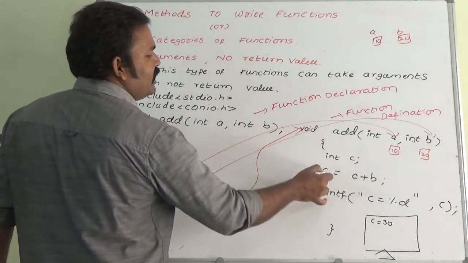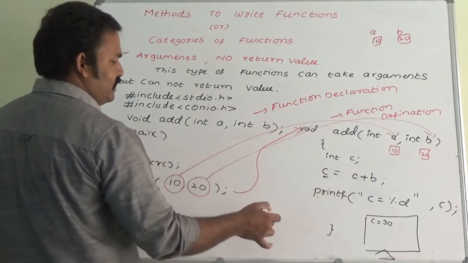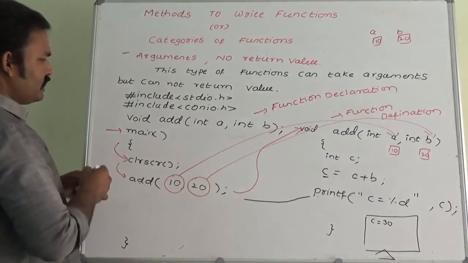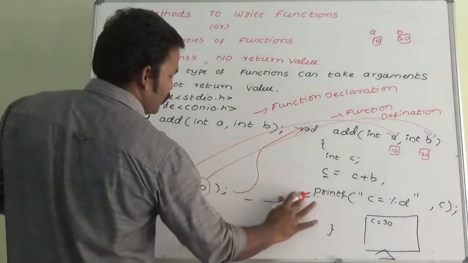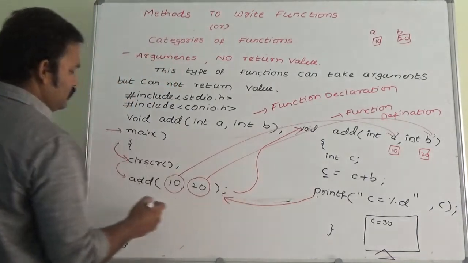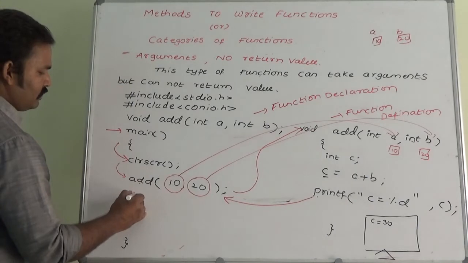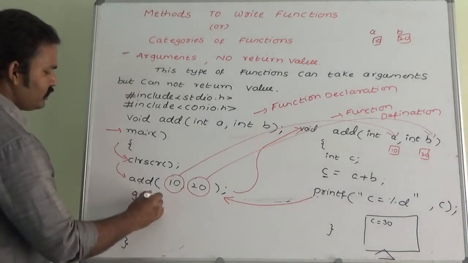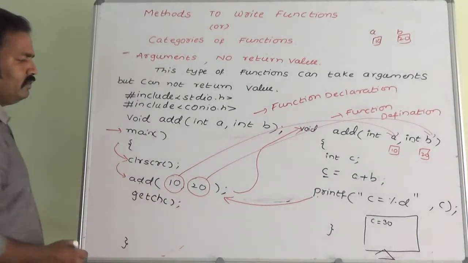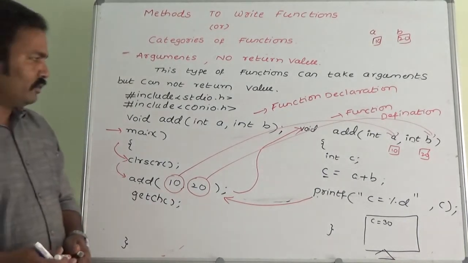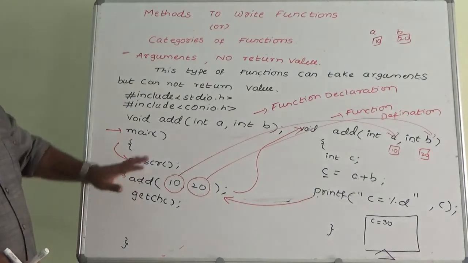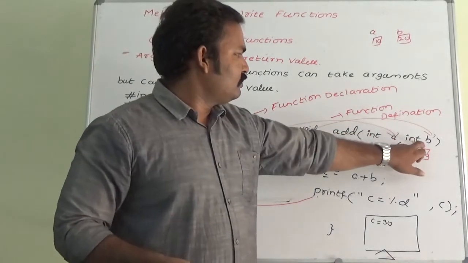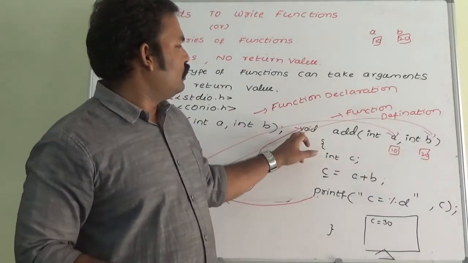After executing all the statements in the function definition, execution control is returned to the main program. After the function call, I am writing the getch function, which holds the output until we press any key on the keyboard.